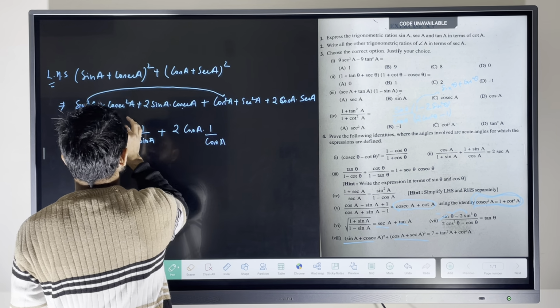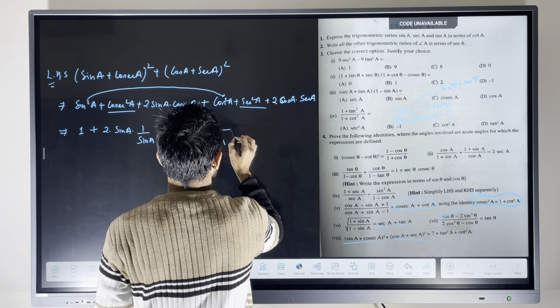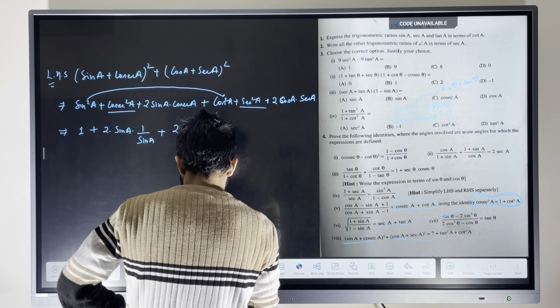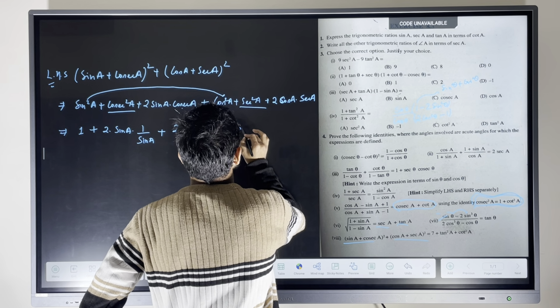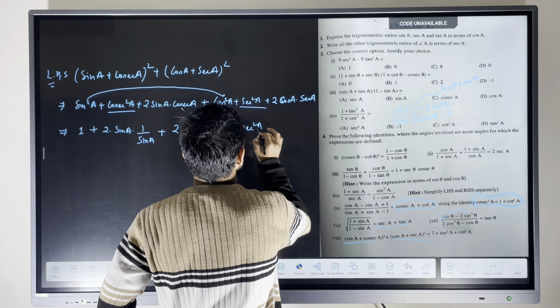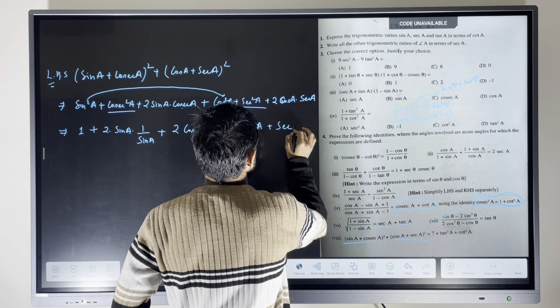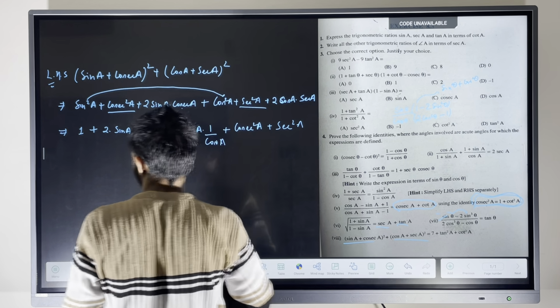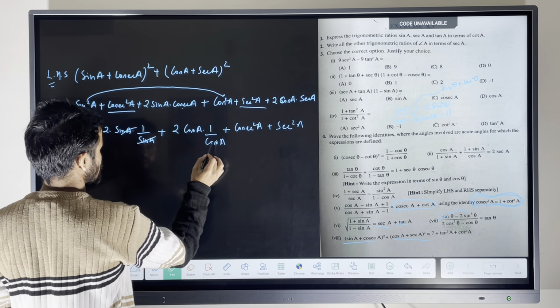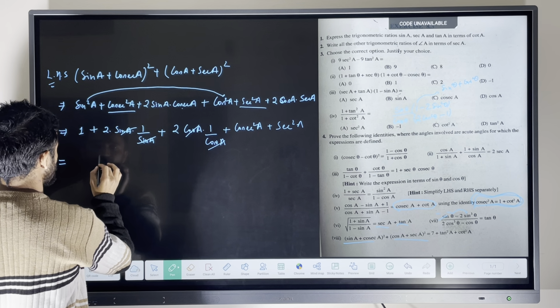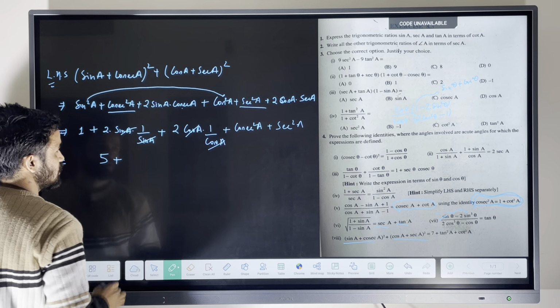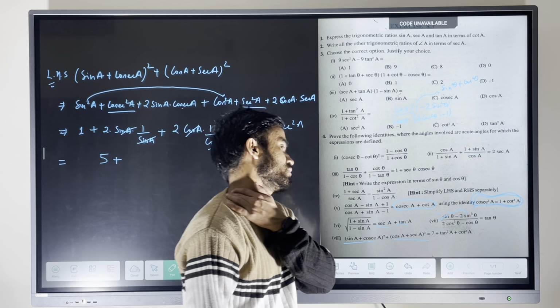Now we are left with cosec square a plus sec square a. Now this sin will cancel out, this cos will cancel out, so 1 plus 2 plus 2, that is 5, plus now sec square a plus cosec square a.